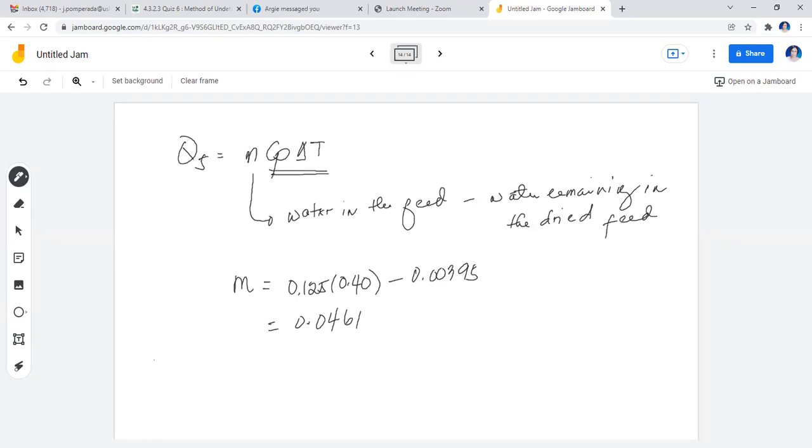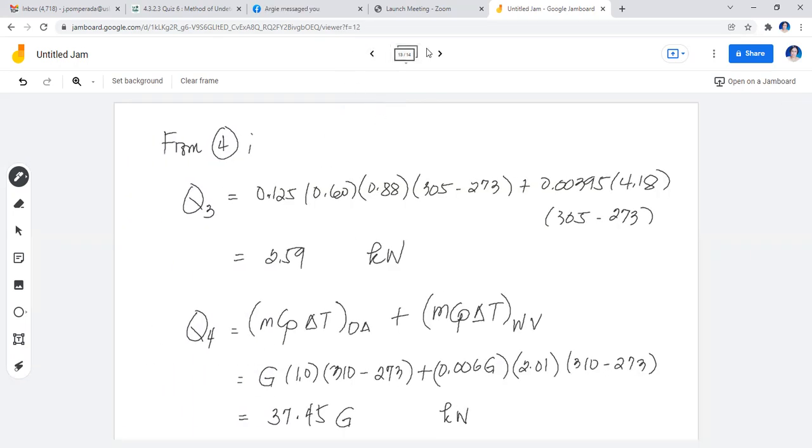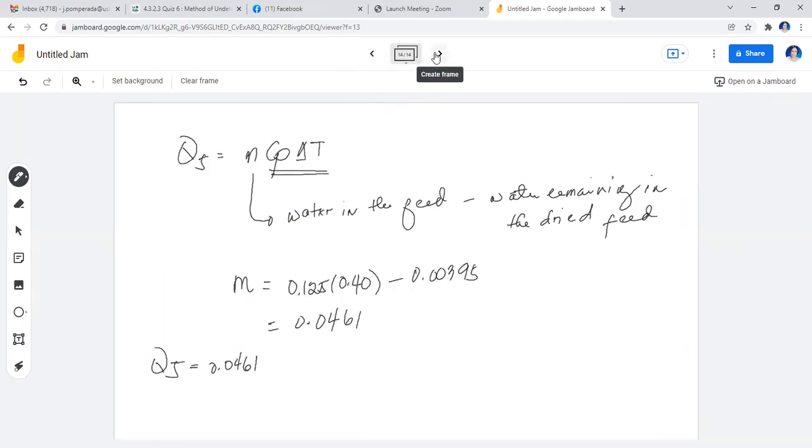We go back to Q5. So Q5 is equal to 0.0461. It would have been, class, a very simple case of sensible heat, the usual formula that we're using here. We've been using it here repeatedly, but this time it would be different.